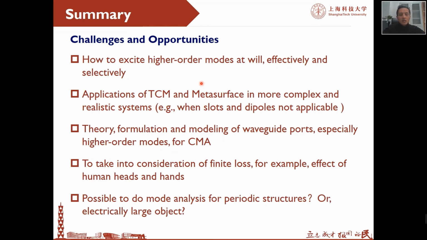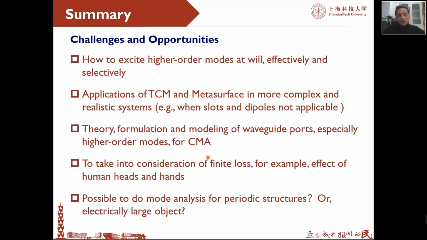To my best knowledge, at least for commercial software, the modeling of waveguide ports for CM theory is still not available. And also to take into consideration finite loss, for example, the effect of human heads for TWS, the true wireless earbuds, and also for hearing aid compatibility, and also for the design of hearing aid antennas, and also smart watches and more wearable devices.